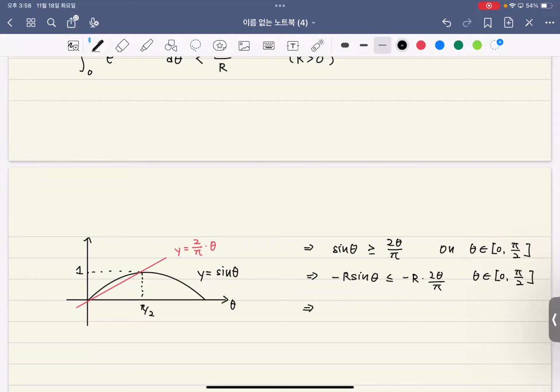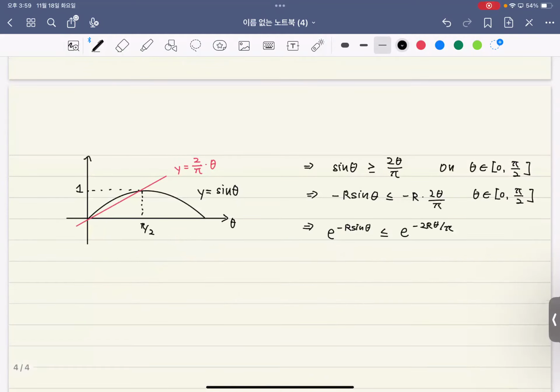Since exponential is an increasing function, e to the minus R sine theta is bounded by e to the minus 2R theta over pi.